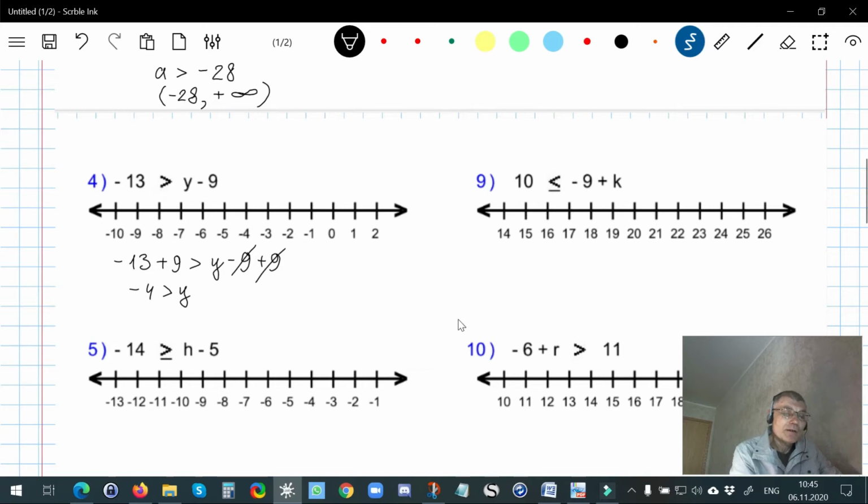To get the set builder notation, I can change it, for my convenience actually, this is already good, but this one is better. If negative 4 is greater than y, then y is less than negative 4. This is set builder notation.